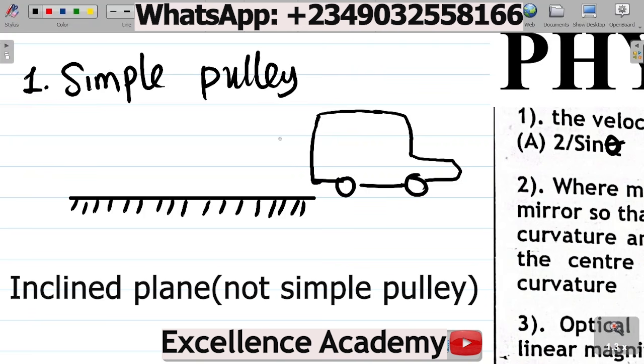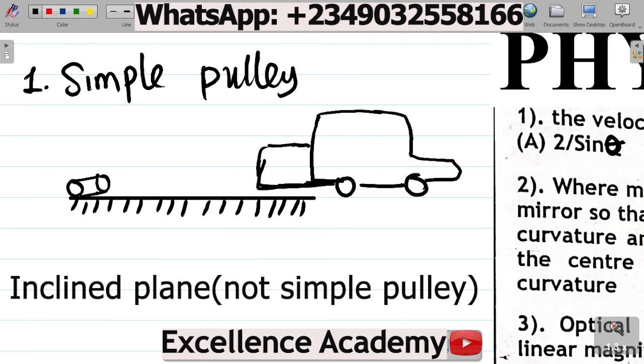And you have a load somewhere around here. And for some reason, you want to move that load into this truck.